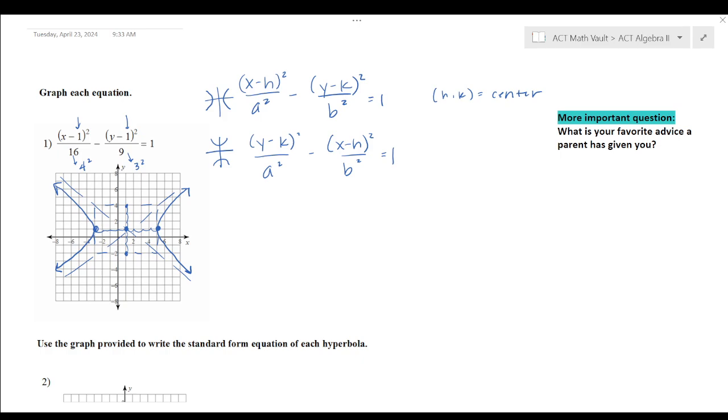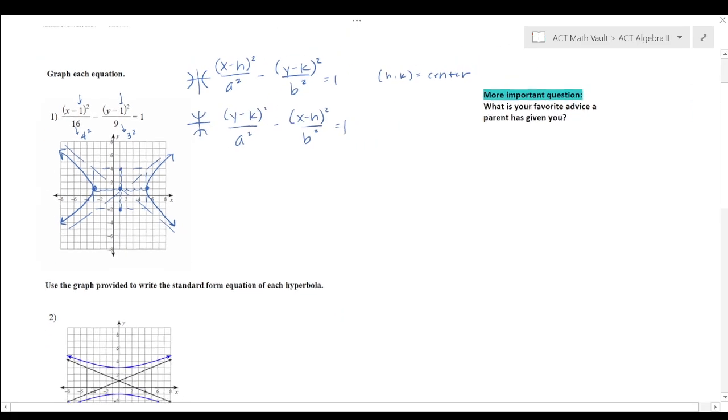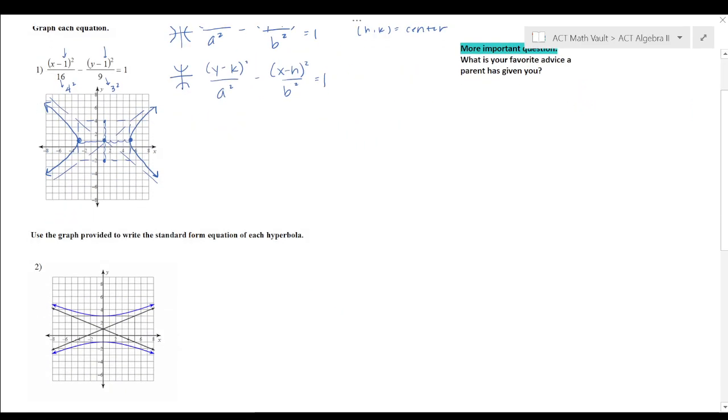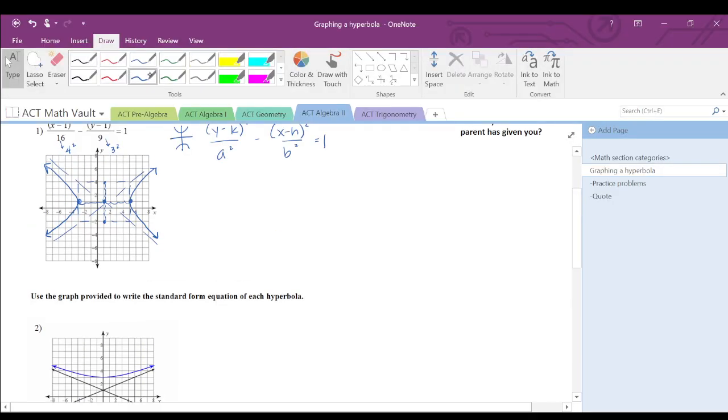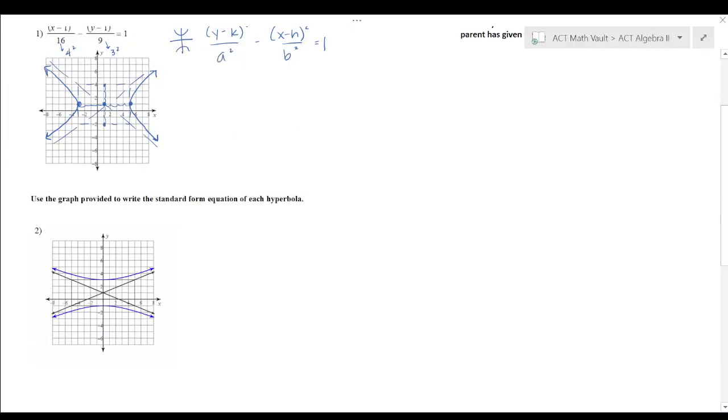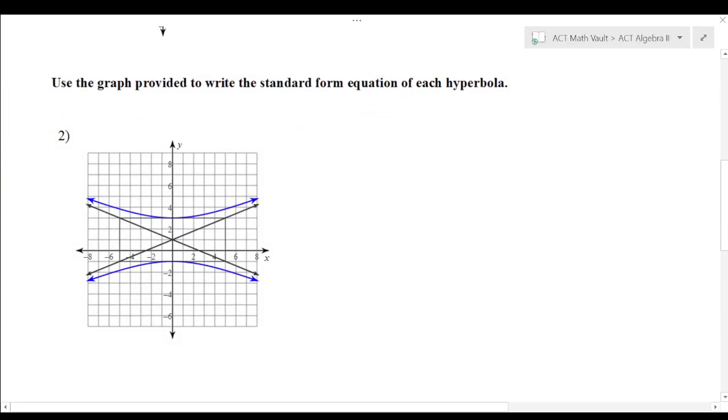So if you were asked to write the equation given a graph here, let's think about how we would handle that. I'm going to switch colors since I'm seeing blue on here. Okay. So first of all, you have to think about, is it x minus y or is it y minus x? This one is pointing up and down.